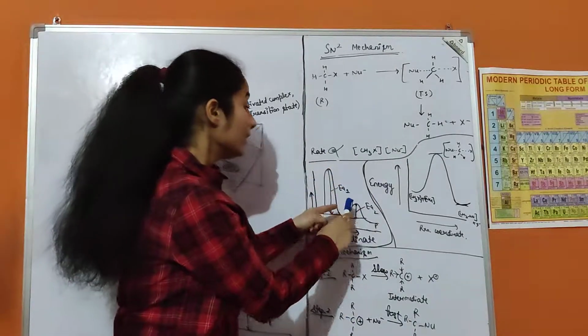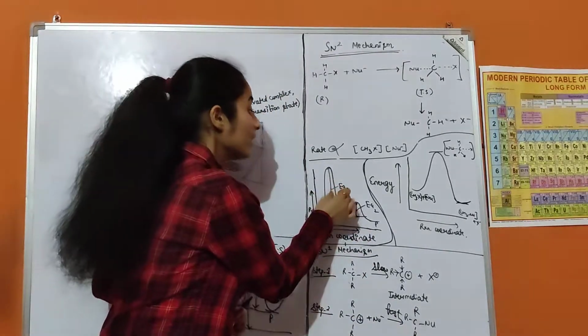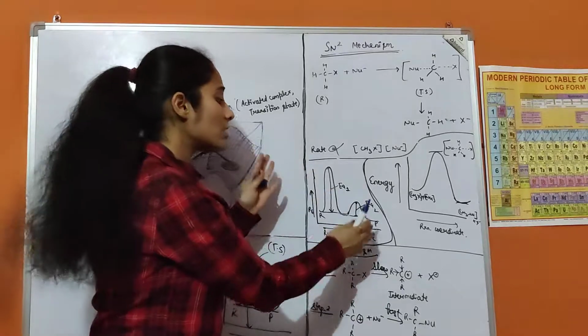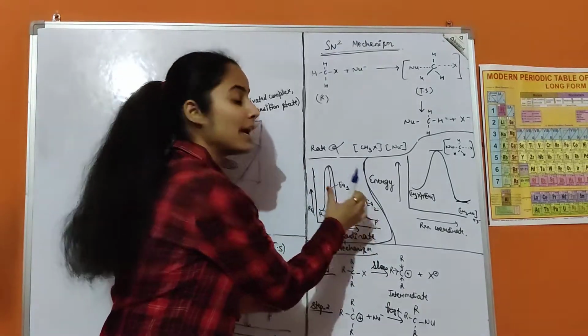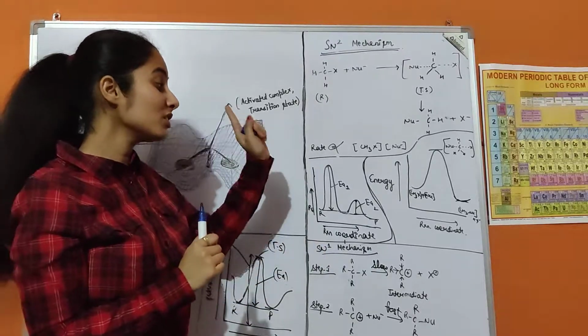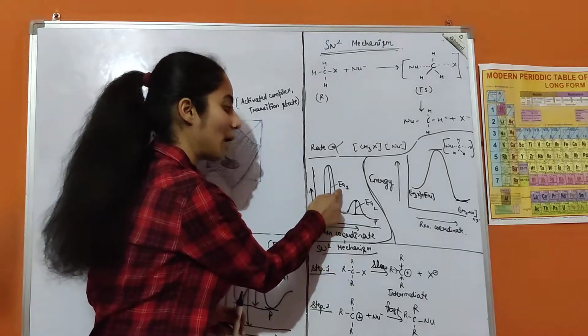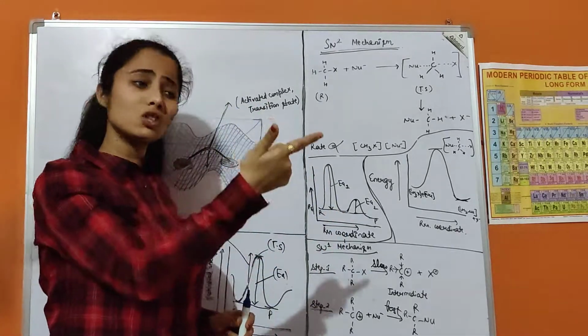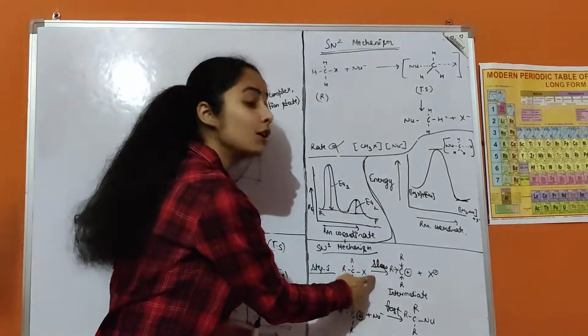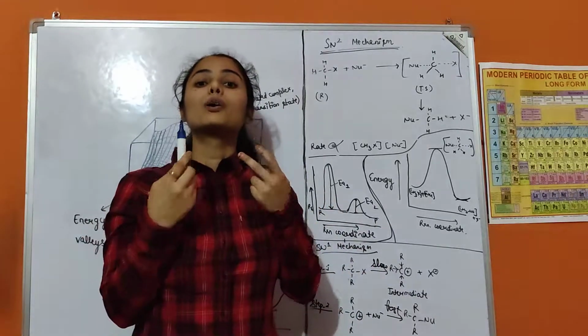This represents the intermediate. We can see that there is a large difference between the activation energies of the two peaks, which tells us that the first step, having an activation energy much larger than the second, is a slow step.